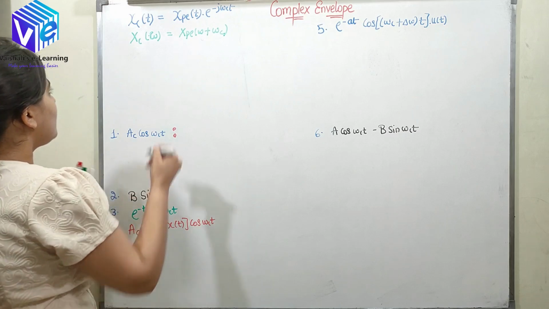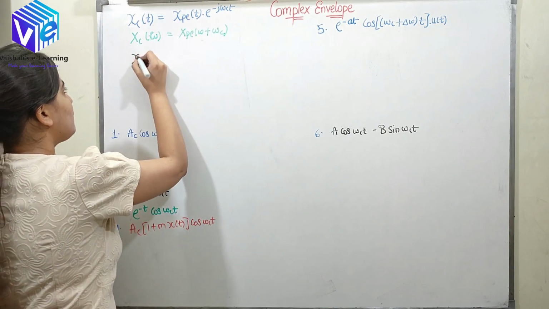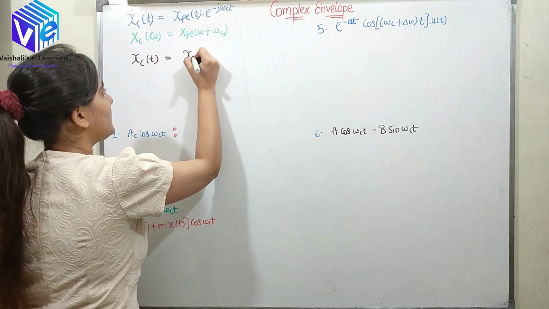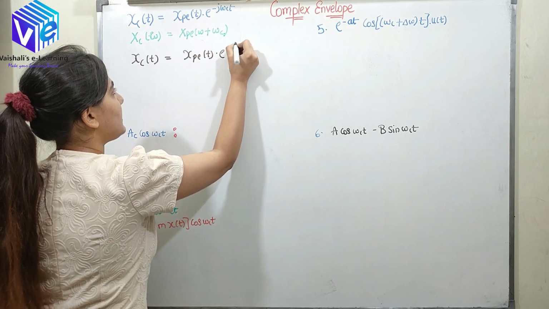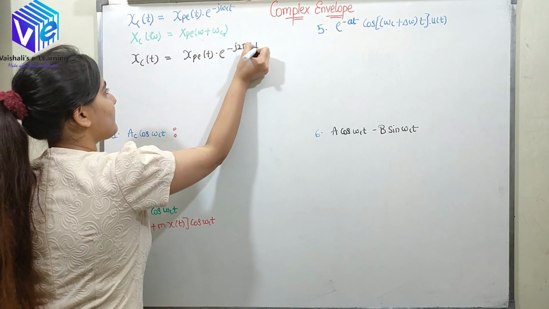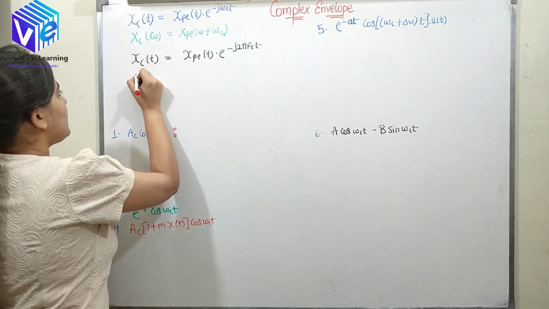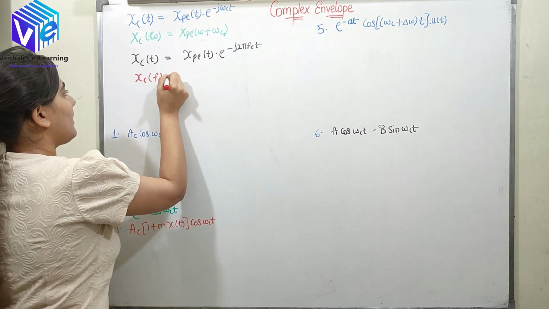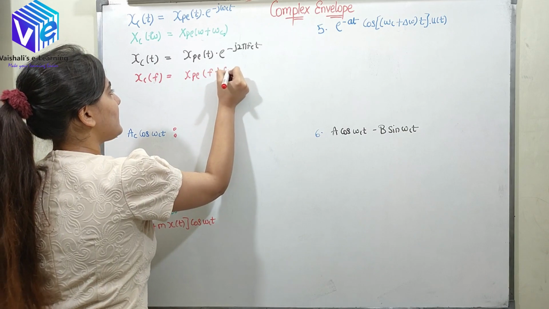Now I have represented it in omega, so I can represent it in frequency. It is xp(t) multiplied by e raised to power minus j 2 pi fc t. So here I'll be representing Xc(f) as xp(f plus fc).